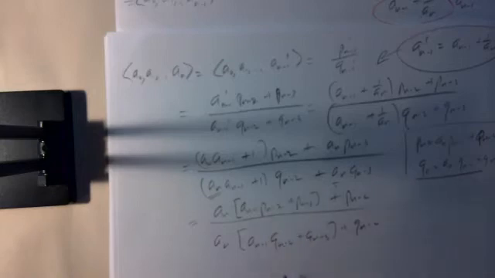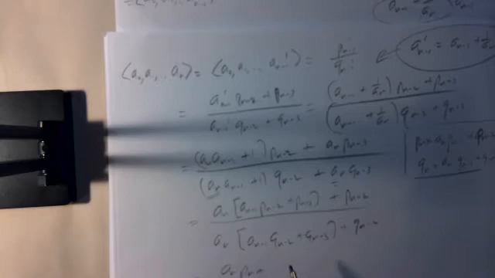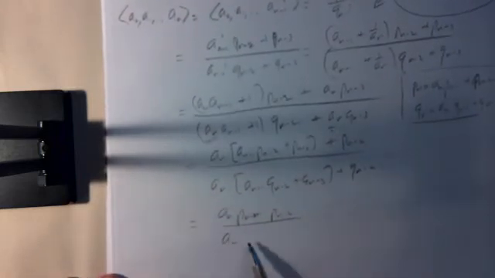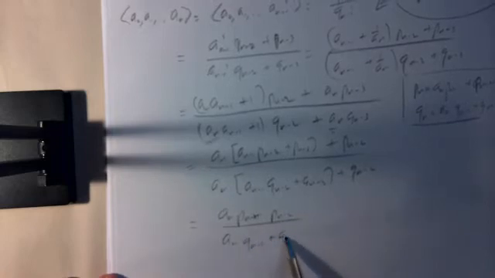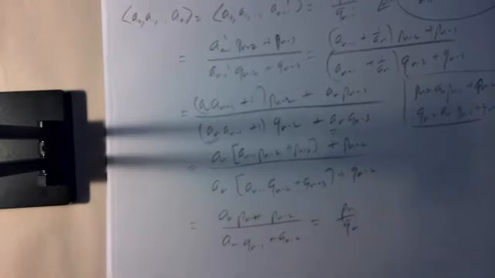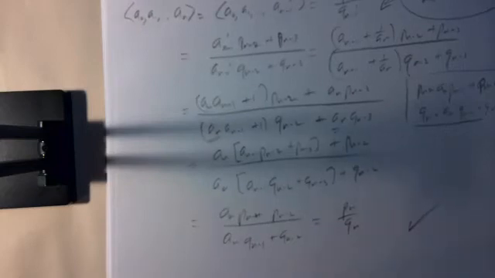And this is pn and this is qn. So this is a n p n minus 1 plus p n minus 2, and this is a n q n minus 1 plus q n minus 2, which is exactly pn over qn. So we're done.